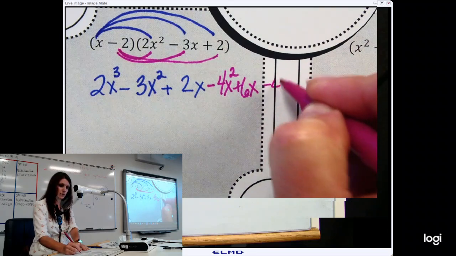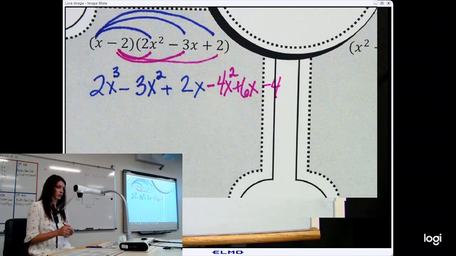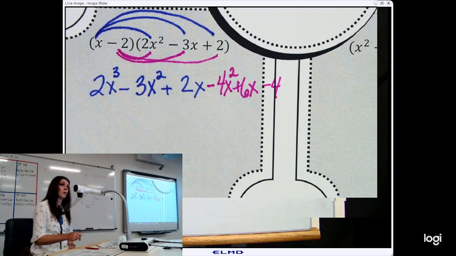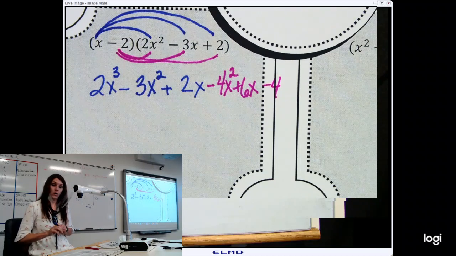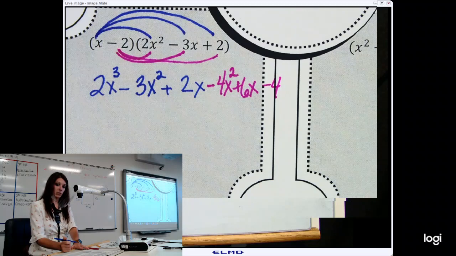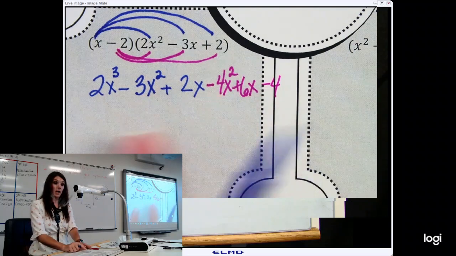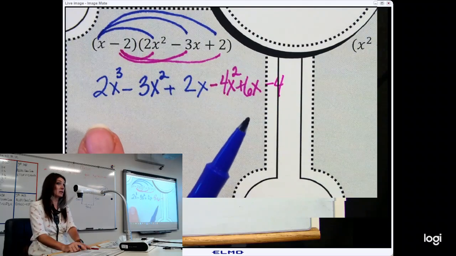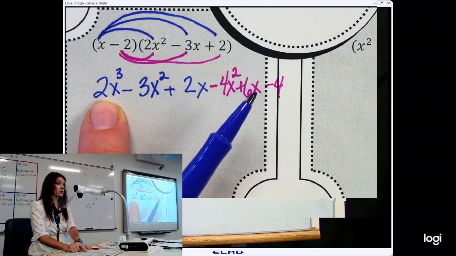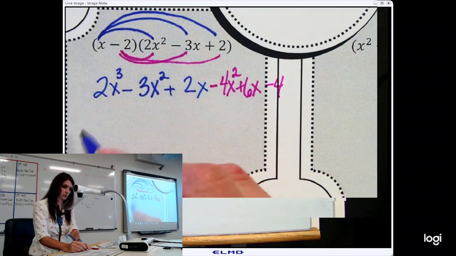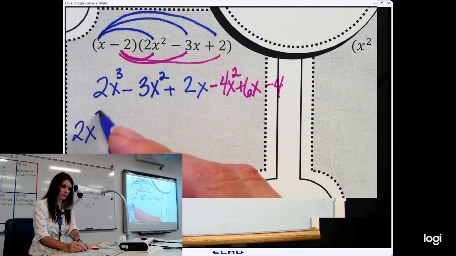All right, so now we've got to go back through here and look for any like terms. There's positive x and 6x. So you're saying there's x terms, there's square terms, and I'm going to start writing this in descending order because it just makes our life easier later. Are there any other cubes? All right, so we're going to write that one first. 2x cubed.